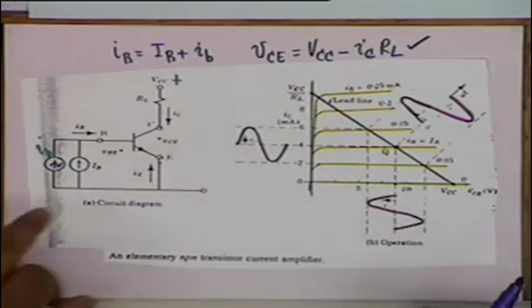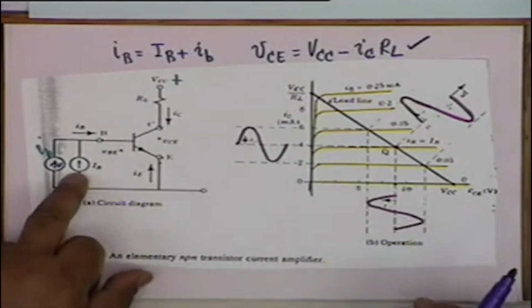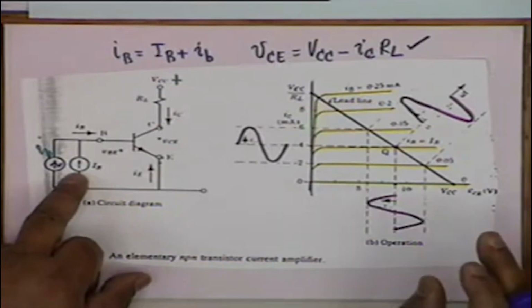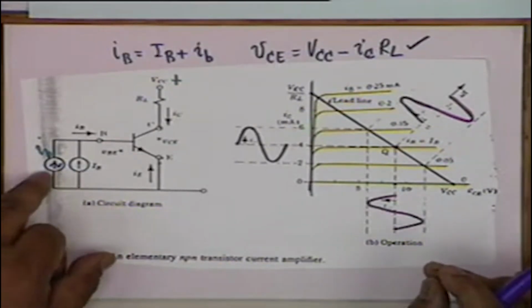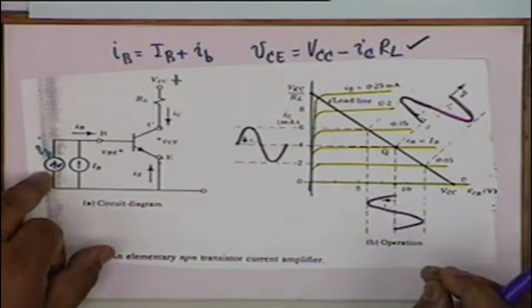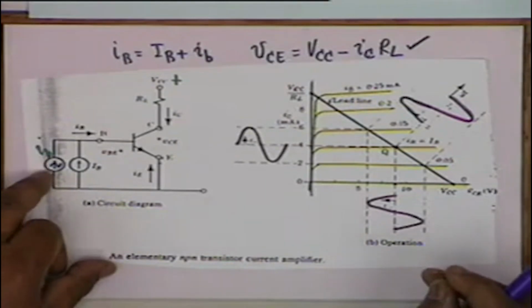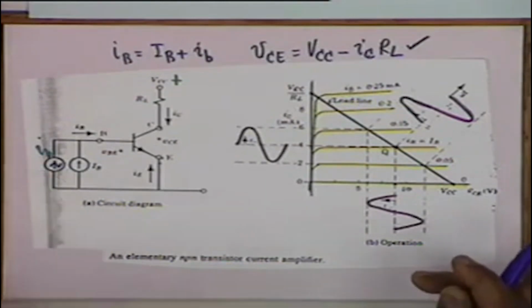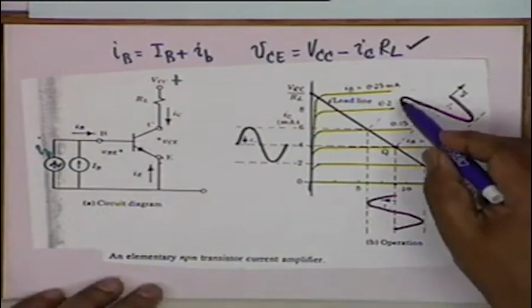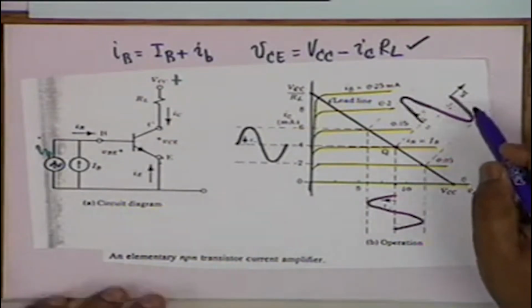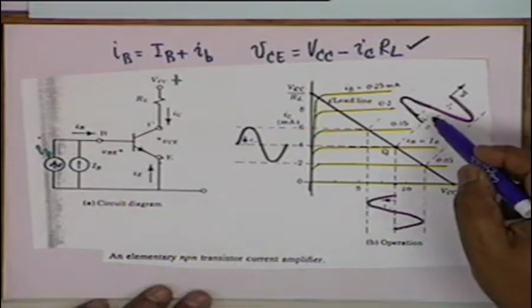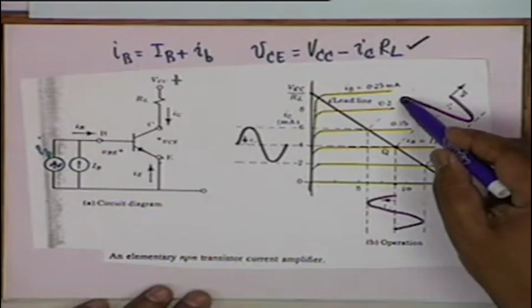Now suppose on this steady base current is superimposed a small AC base current, small i sub b, which for simplicity let us assume is sinusoidal with a peak value of 0.05 milliampere.